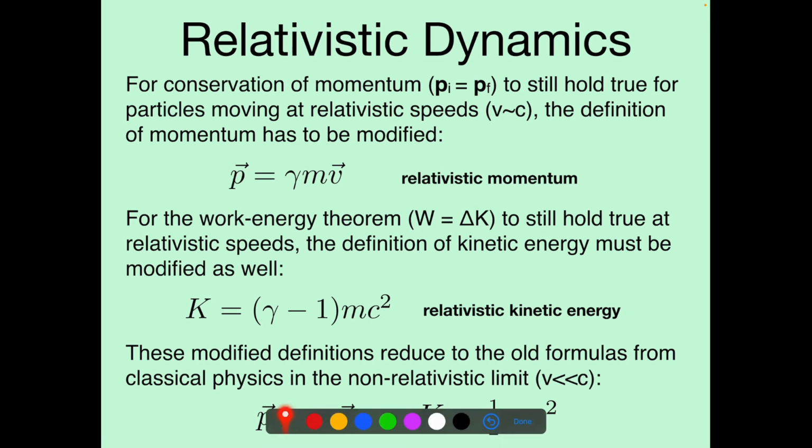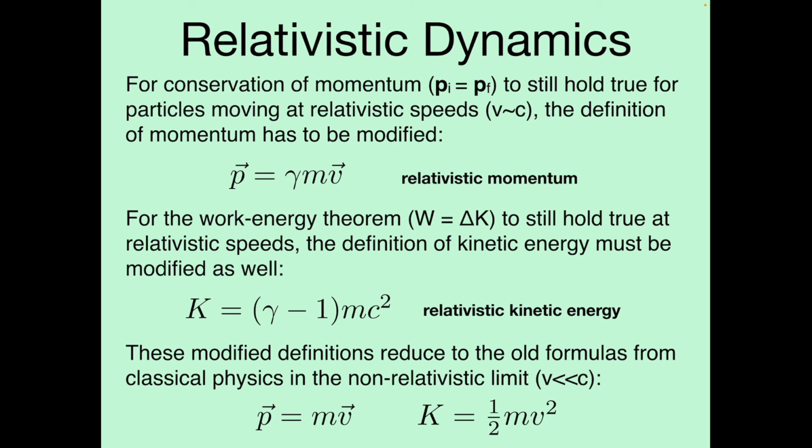So P, momentum, in classical physics is equal to m times v, just mass times velocity. The relativistic version of momentum is P equals gamma times mv. So we need this factor of gamma out front for conservation of momentum to still work at very large speeds. So this is the new definition of momentum in relativity.